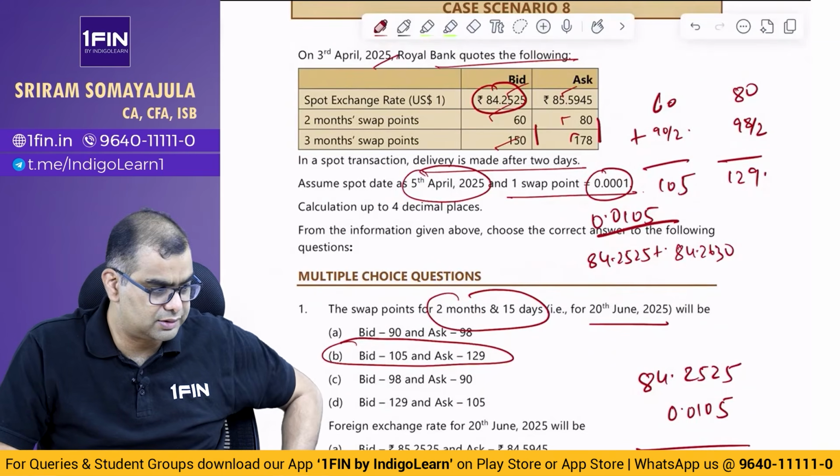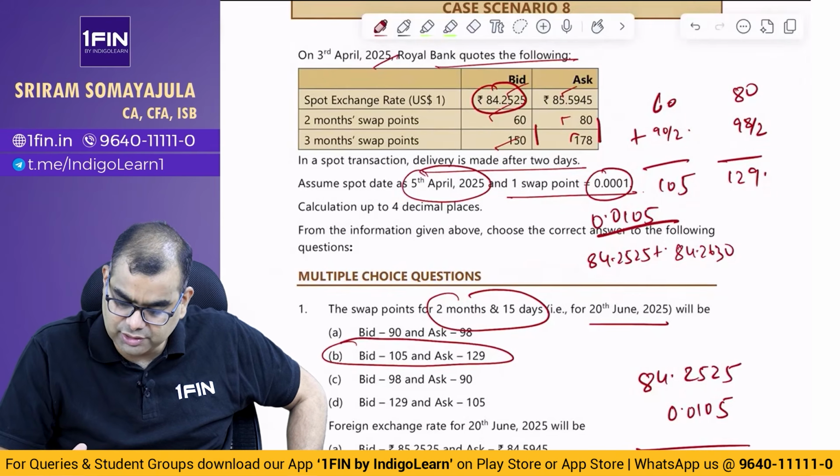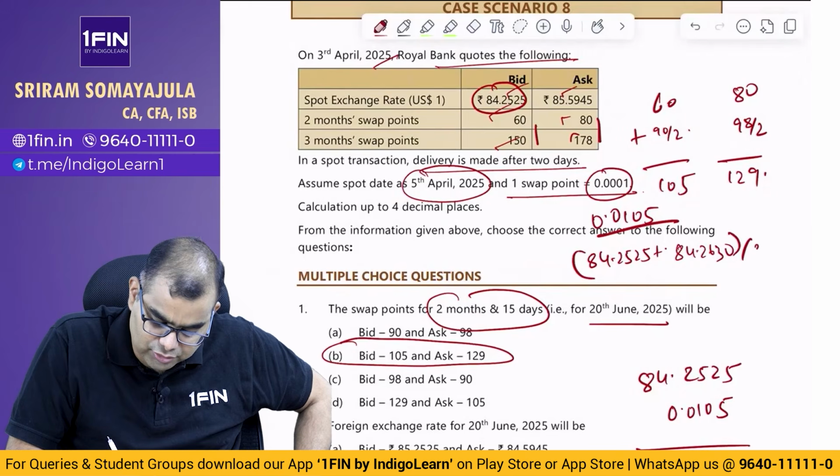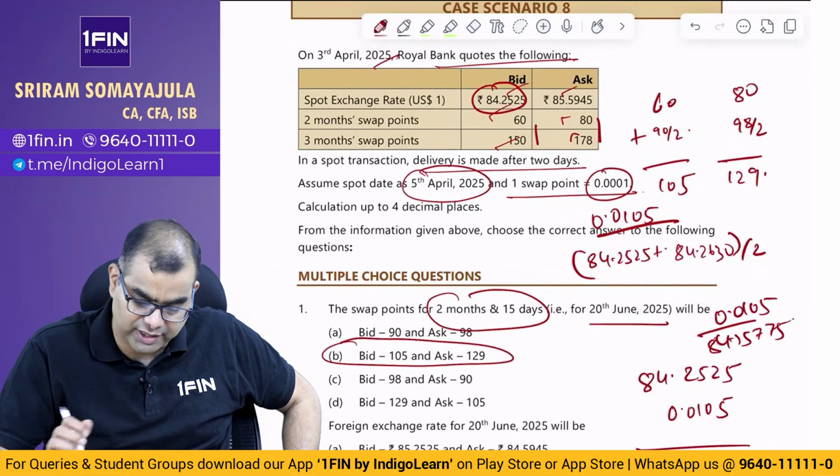So what is the average? 84.2525 plus 84.2630 divided by 2. So you get 0.0105 divided by 84.25775. But please note, this is for 2.5 months.